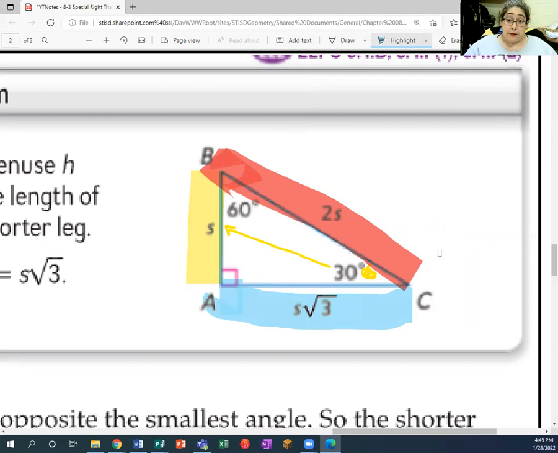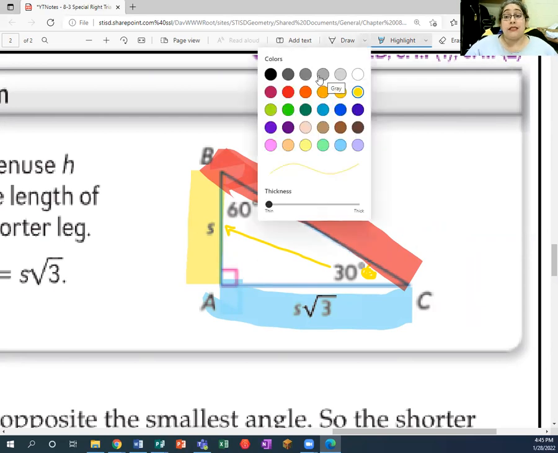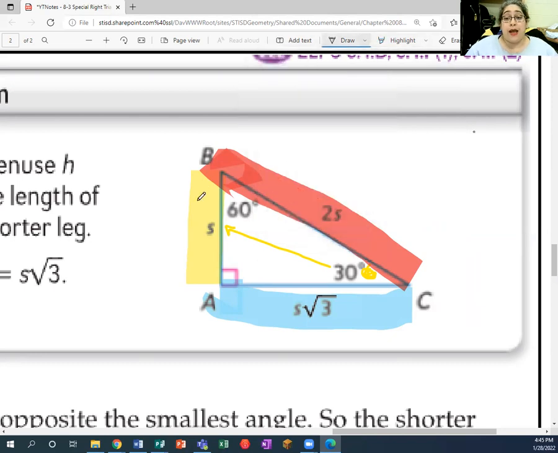Here's the pattern. This 30, 60, 90 right triangle is sometimes referred to as a 1, 2, 3 right triangle, because this shortest side there's 1 of, the hypotenuse is 2 times the shortest side, and the middle side is the shortest side times square root 3.